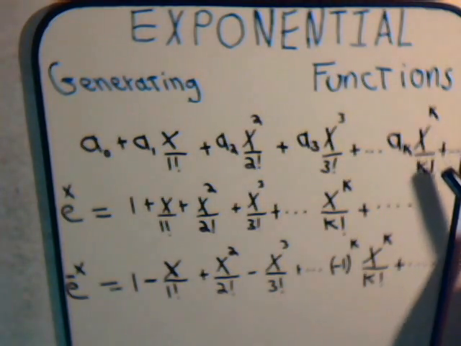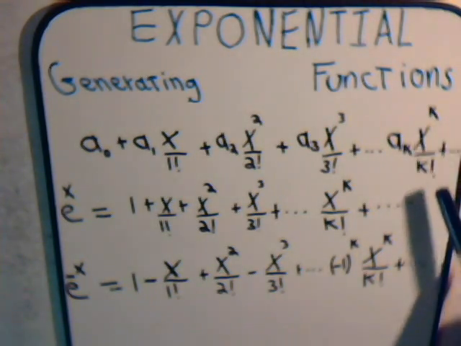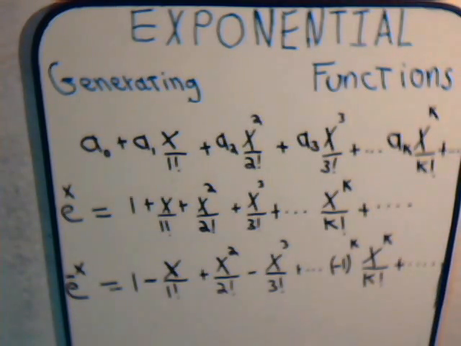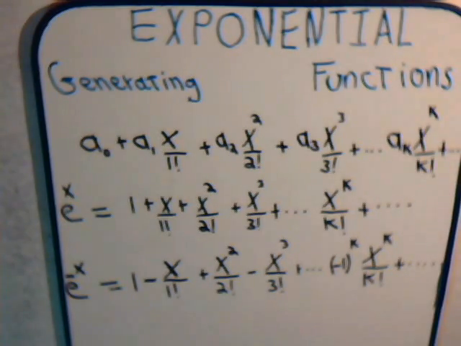And the reason why it's structured like this, as we've seen in the previous two videos, is that this coefficient of x to the k divided by k factorial, quite often then that coefficient there tells us the number of ways of performing k number of permutations.